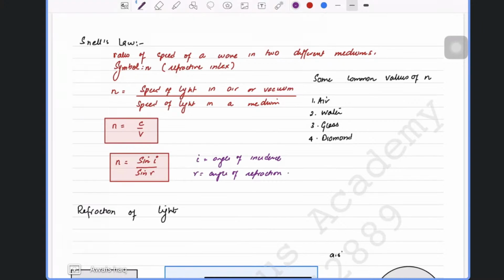Okay, now refractive index of some of the common values: air is just 1. You don't need to remember the values. Glass is 1.5 and diamond is 2.4. So if you go down, you might see that as the density increases, the refractive index also increases.